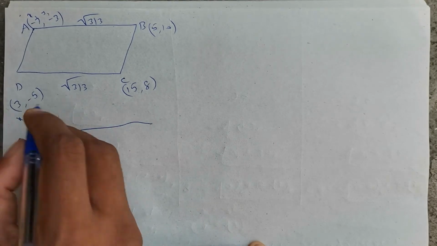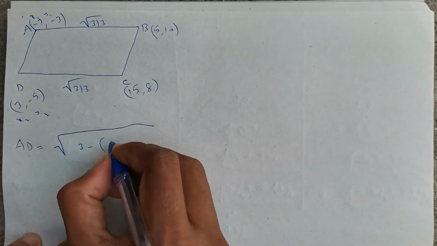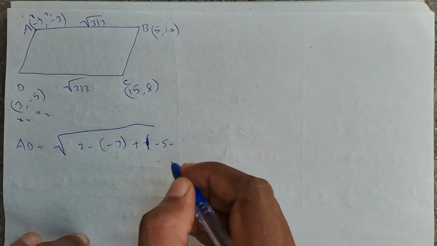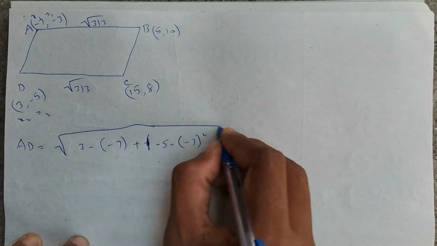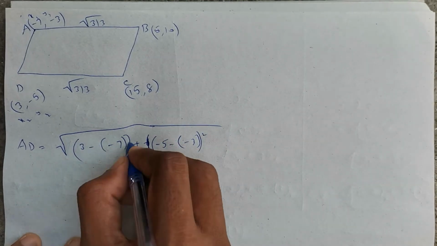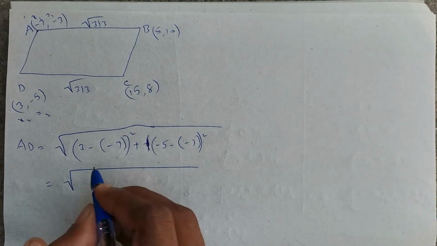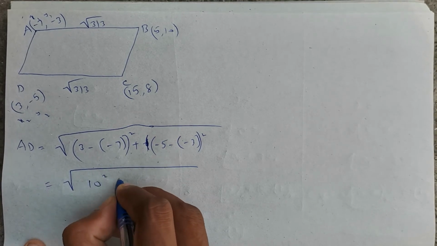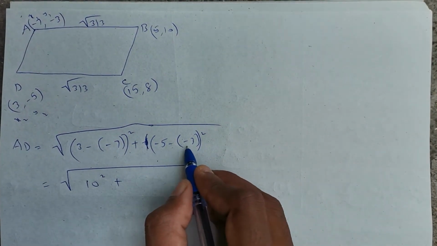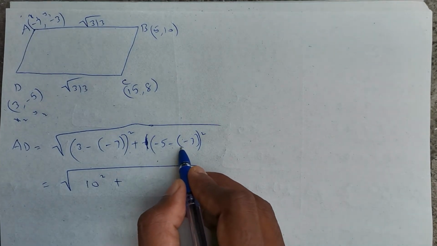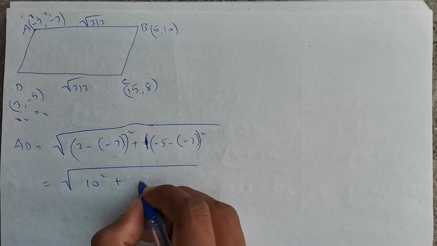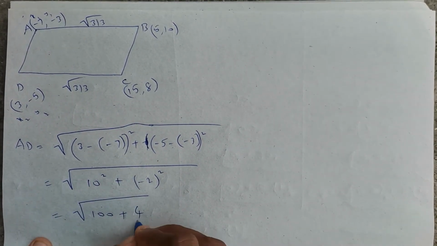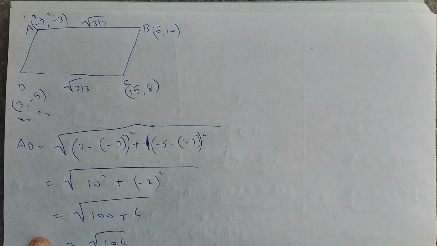Under root x2 is 3 minus x1 is minus 7 whole square plus y2 is minus 5 minus y1 is minus 3 whole square, which is equal to under root 3 plus 7, 10 square plus minus 5 plus 3, minus 2 whole square, which is equal to under root 10 square is 100 plus minus 2 square is 4, so which is equal to root 104.